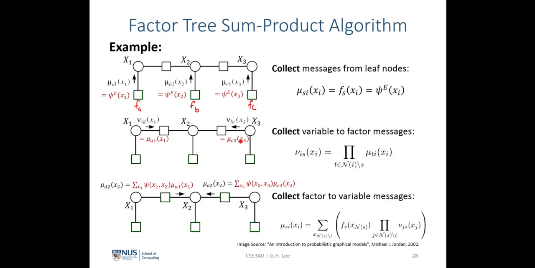And once we are done with this, we will collect all the messages from x1 and x3 respectively. So since there's only one neighbor other than the next factor node in the higher level, we will directly write this as v1d, the message from the random variable x1 towards the factor node of fd, and this would be directly equal to mu a1, which is the message that we pass from fa towards x1.